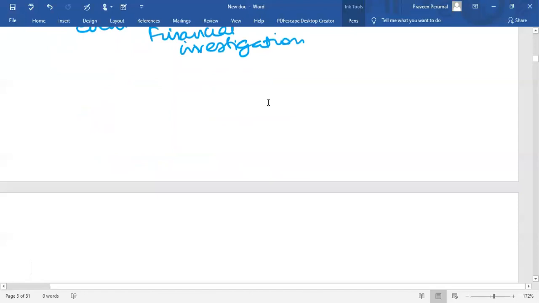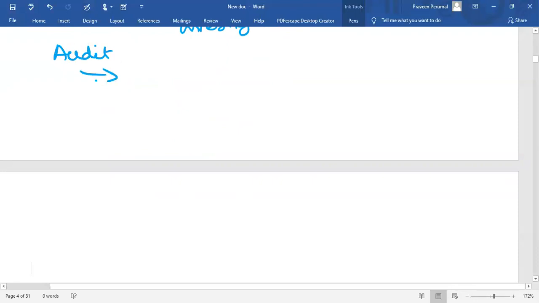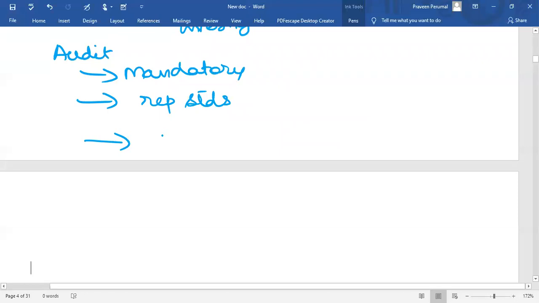What is normal audit? Normal audit is something different. Normal audit is mandatory. It is not optional. So, second point, it is measuring compliance with the reporting standards. Whatever may be the framework, you have to adhere to the same.